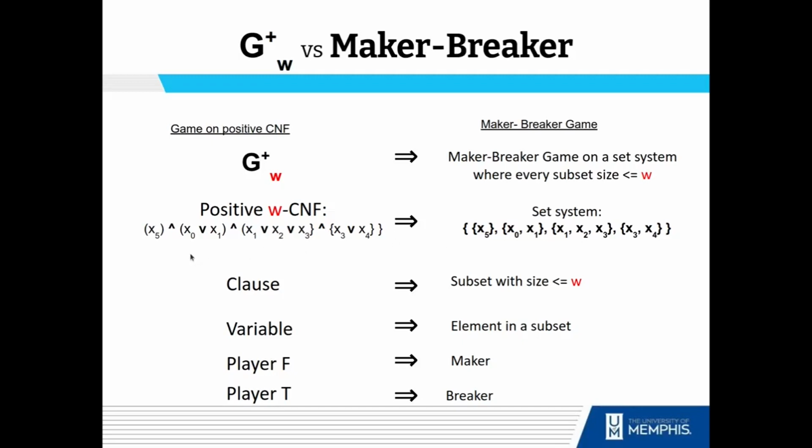A W CNF and a set system are very similar: a clause becomes a subset and the whole CNF becomes a set of subsets. So, a clause becomes a subset, a variable becomes an element in the subset, player F becomes maker, player T becomes breaker. So, from this point onward, we will refer to the maker breaker game as the G positive W game, so that we can talk about different parameters.